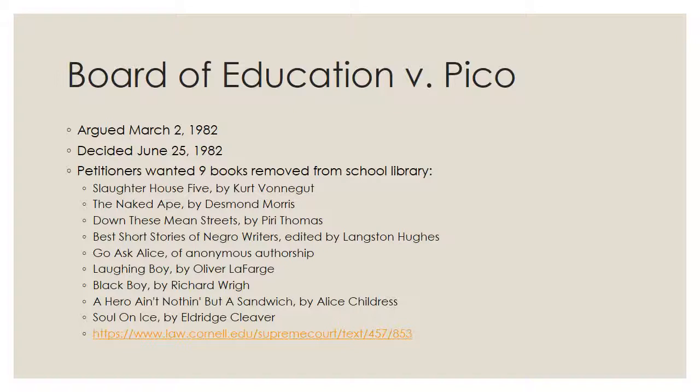U.S. schools and libraries may eliminate based on vulgarity, but cannot censor ideas. Teachers should, however, provide a rationale for explaining the relevance of the book, as well as offer alternate material.